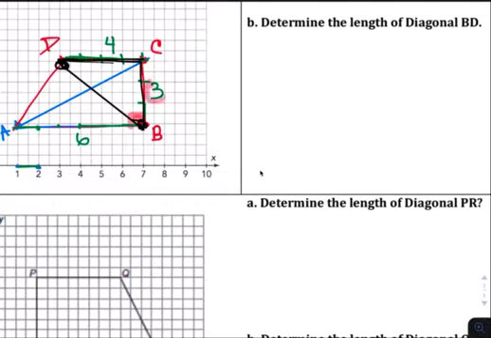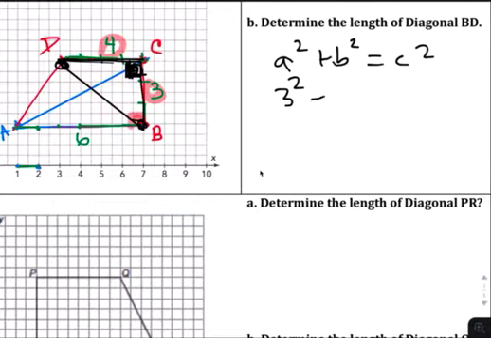A is 3, B is 4. A squared plus B squared equals C squared. We can do that because there's 90 degrees right here. So 3 squared plus 4 squared equals the diagonal squared, or what we call hypotenuse. Okay, diagonal hypotenuse, 9 plus 16 equals the diagonal squared.